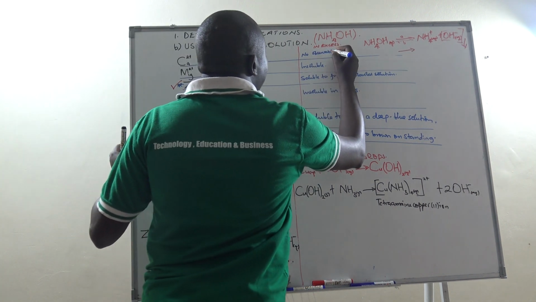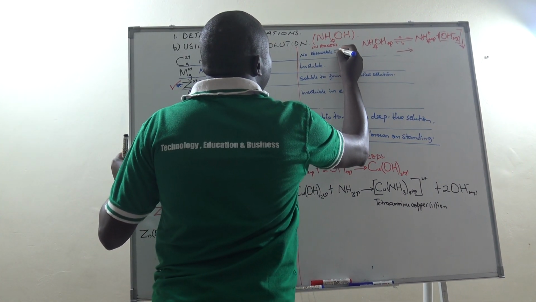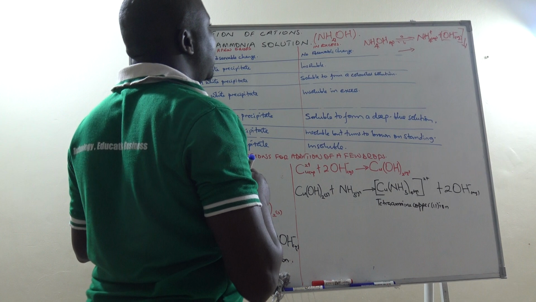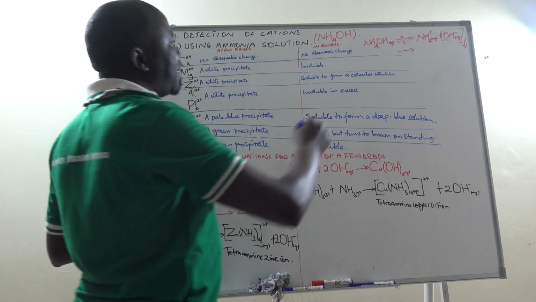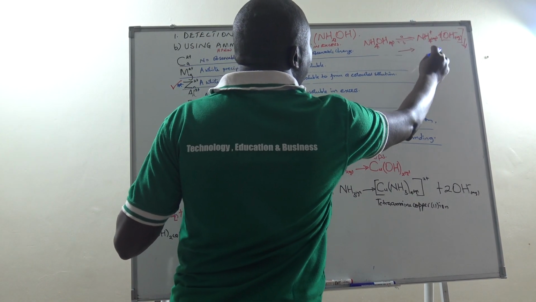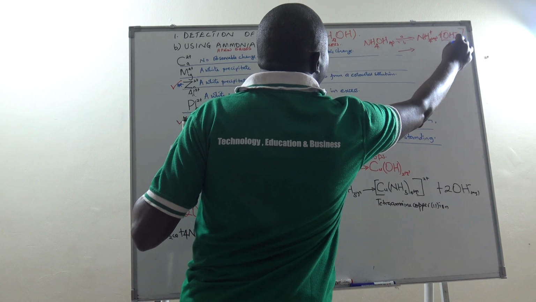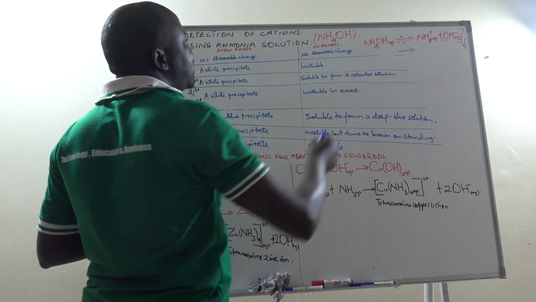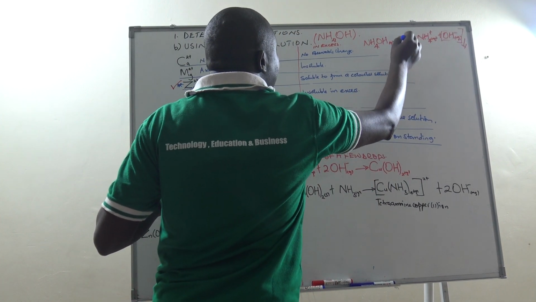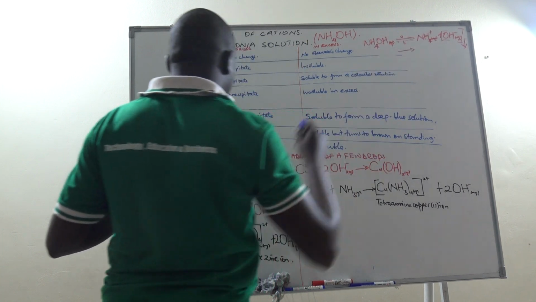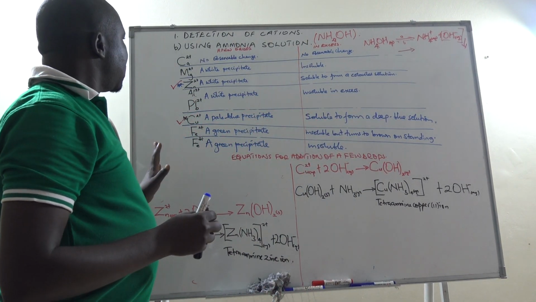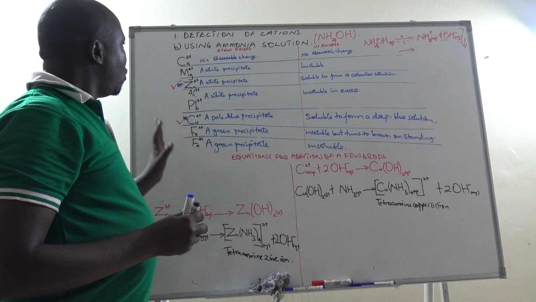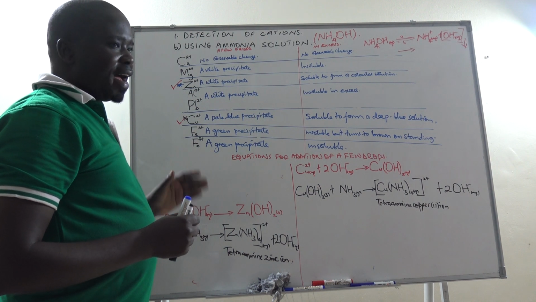So you don't have to forget that, and it is just because the ammonia solution is a weak alkali which ionizes partially, as we have seen from here. So it produces a low concentration of the hydroxide ion just because of the backward process in this reversible process here. So this is what we have with the detection of cations.